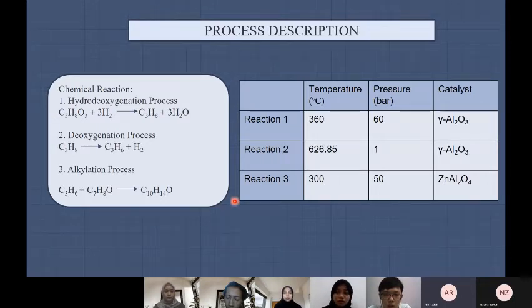These three reactions require high temperature and pressure as stated in the table here. The catalysts we use for the reactions are white alumina and also zinc aluminate.